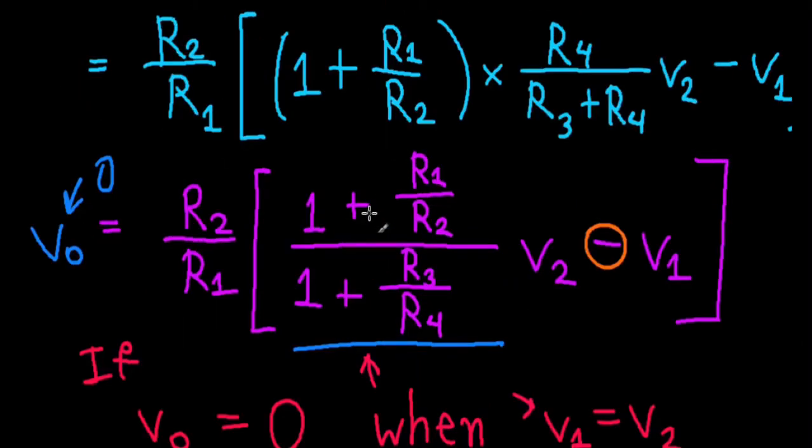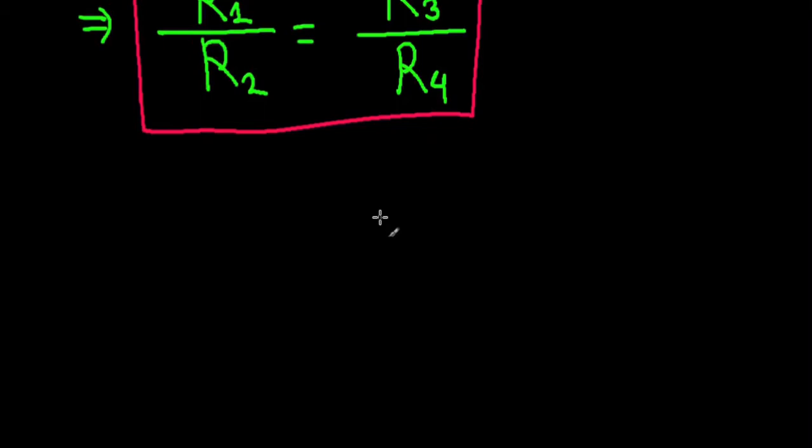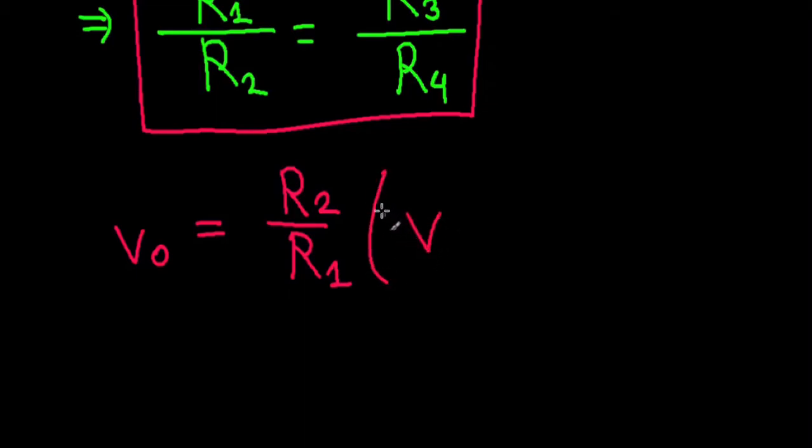So let's just put 1 right here instead of that mumbo jumbo that we have. So what we have is V output equals R2 by R1 multiplied by just 1 into V2, or just V2 minus V1. All right, so this is much simpler.